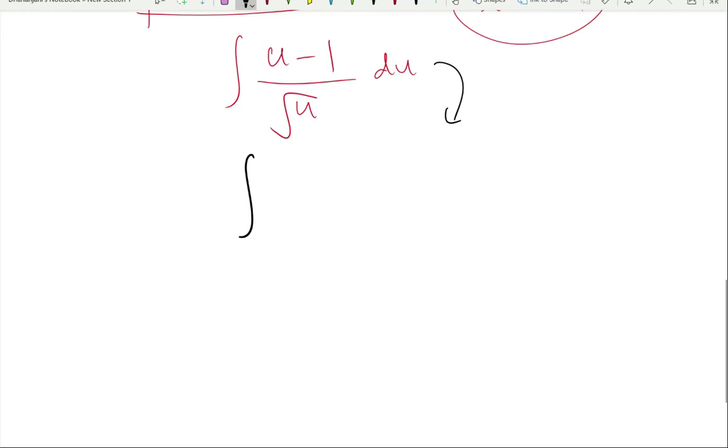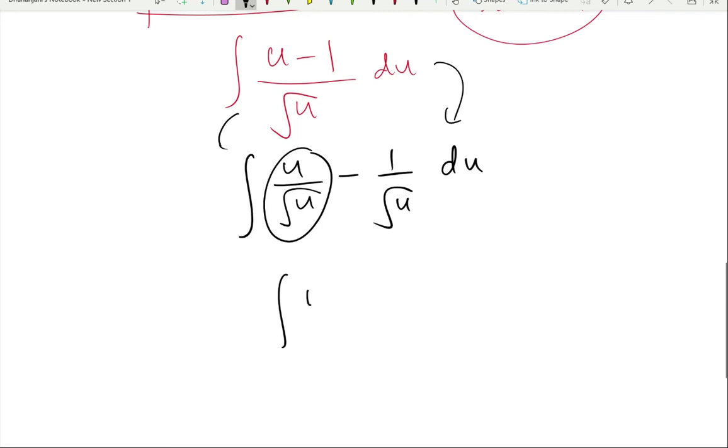We learned a trick in the basic integration review video series, which is that we can divide each term in the numerator by the denominator. So we can write this as u over square root u minus 1 over square root u. Furthermore, we can simplify u over square root u as square root u, right?